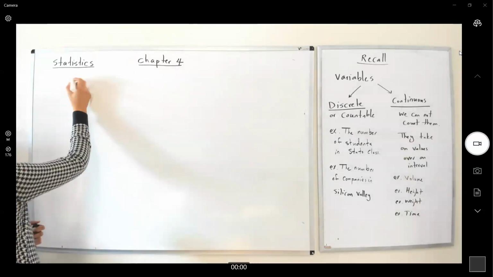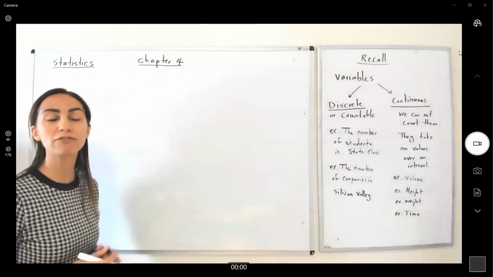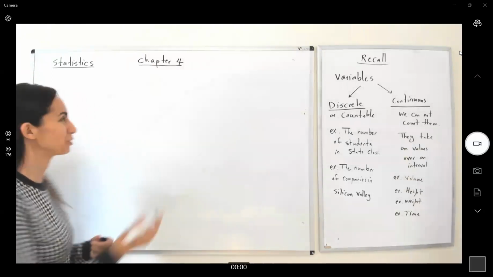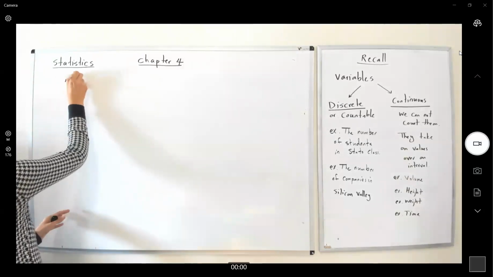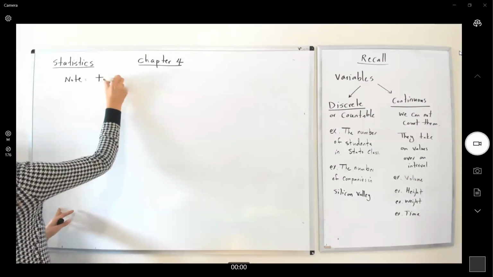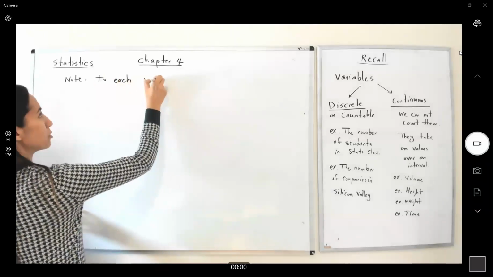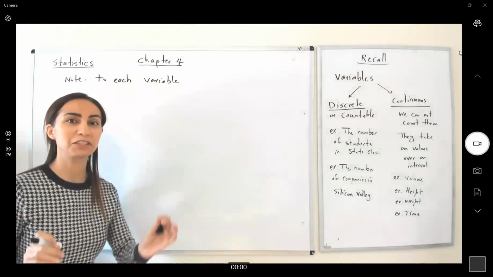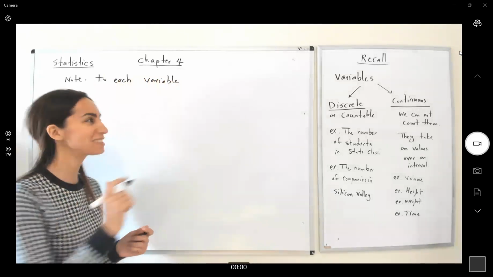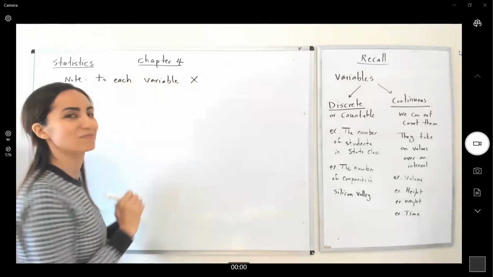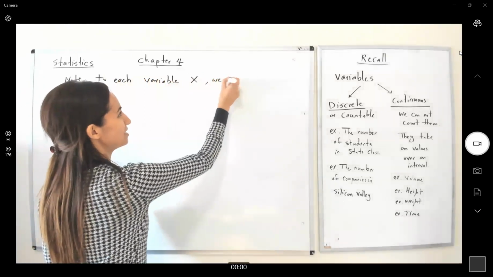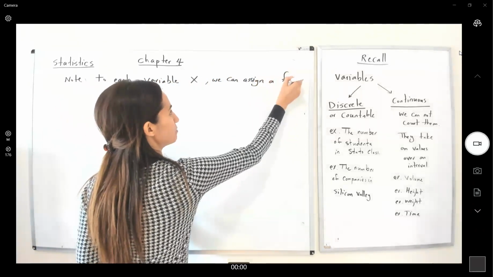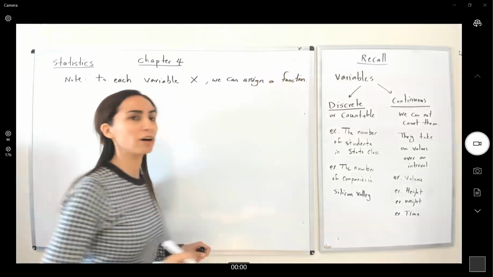When it comes to different variables, you can assign different functions or different probabilities to those variables. So note that to each variable, in general, we denote a variable using x. We can assign a function. What is that function?